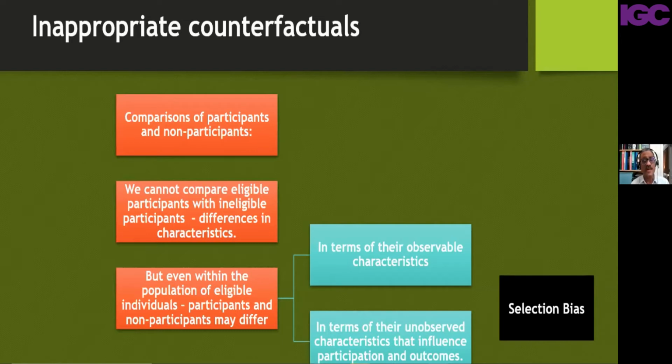Now, if you want to find out the effect of this program on small farmers, can you simply compare participants and non-participants? That is, can you compare those who are eligible with those who are ineligible, say, large farmers? That will not be appropriate because there will be large differences in their characteristics.